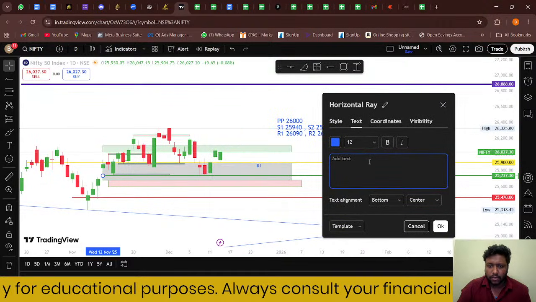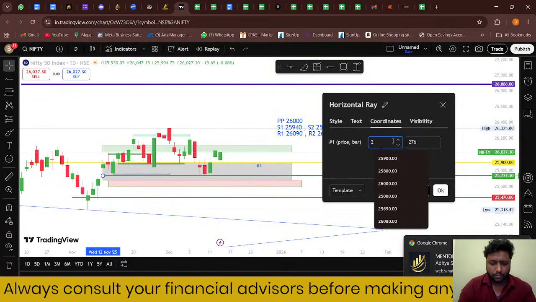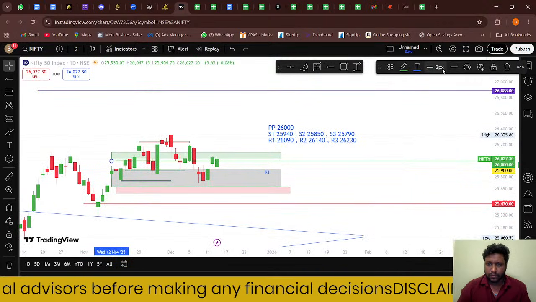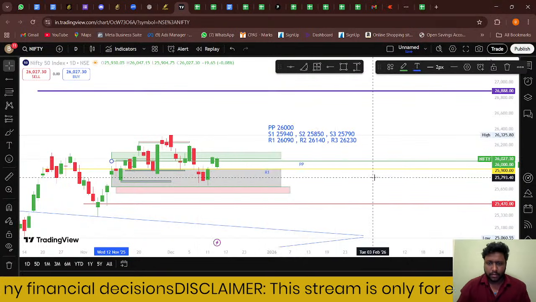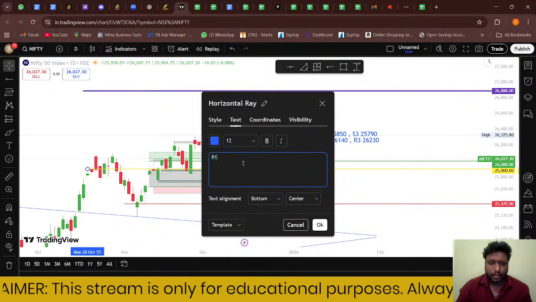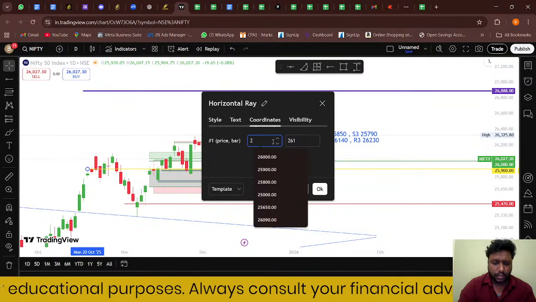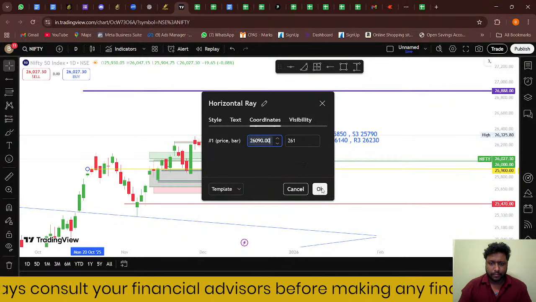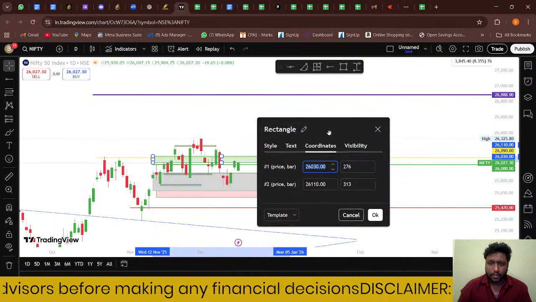So 26,000 we will mark as today's pivot line, PP. With respect to the resistance part, 26,090 we will mark it. So this is resistance one, and with respect to the zones, we will mark that as well.